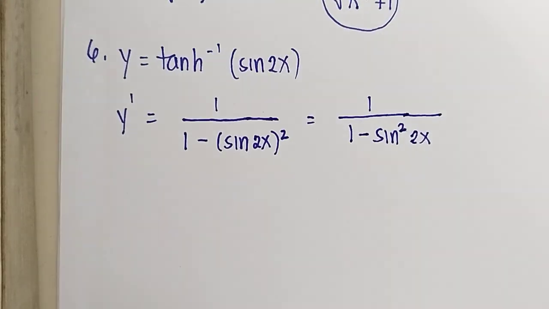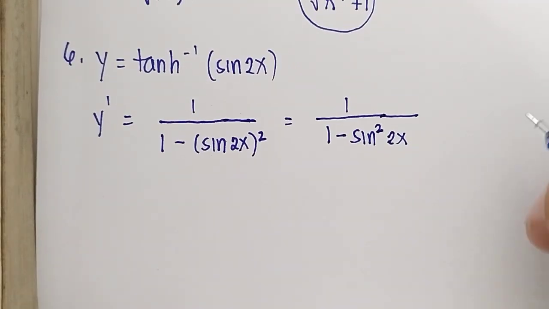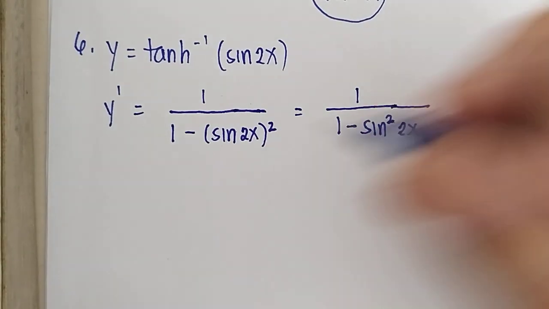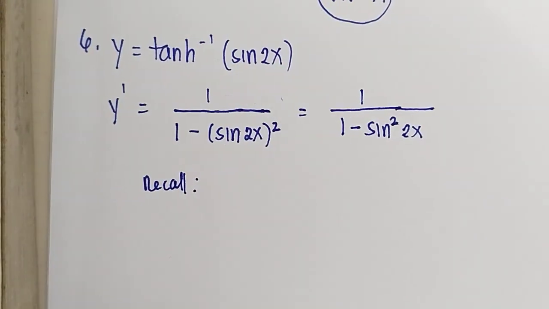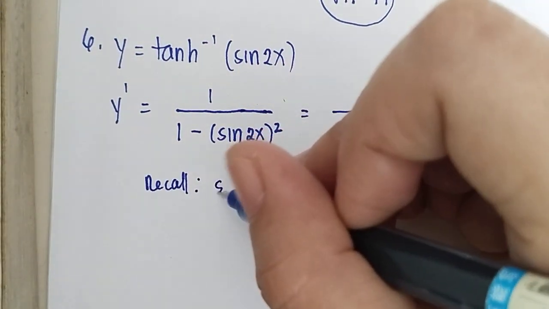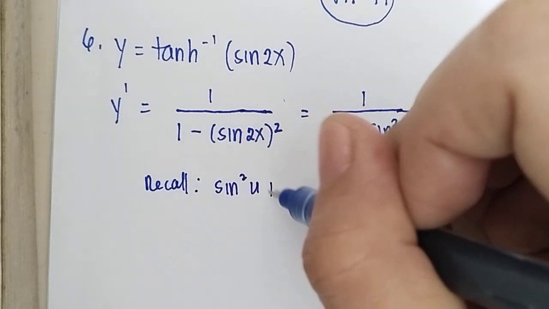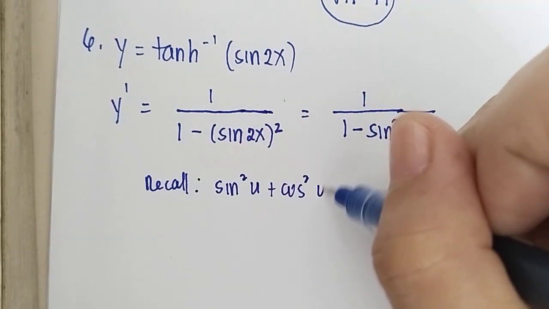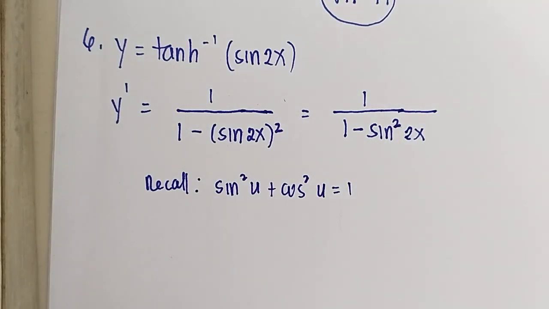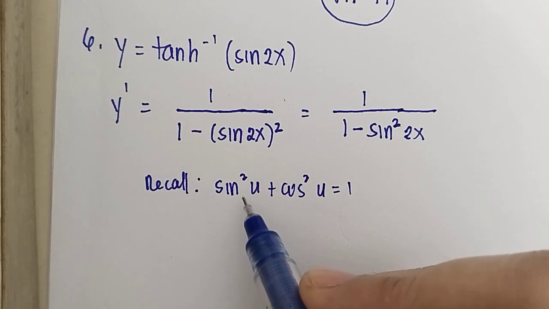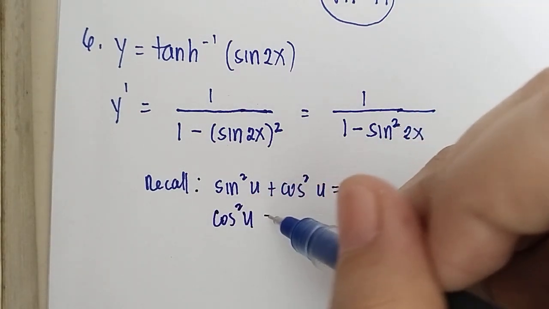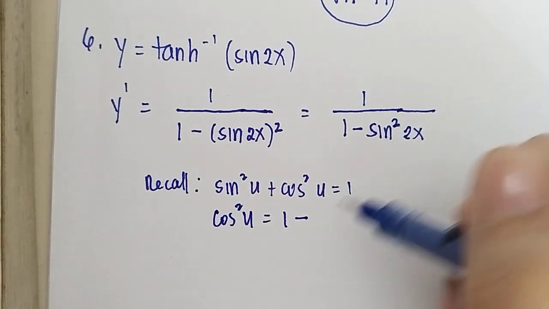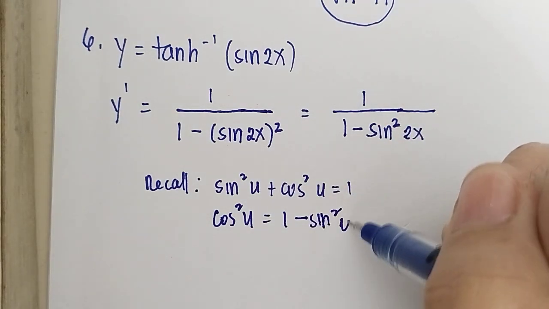If we recall the identity, sine squared of u plus cosine squared of u is equal to 1. There is no hyperbolic here. So, if it became 1 minus, it means we moved a term, leaving cosine squared of u, which is 1 minus sine squared of u.